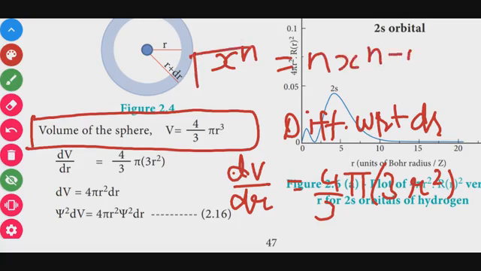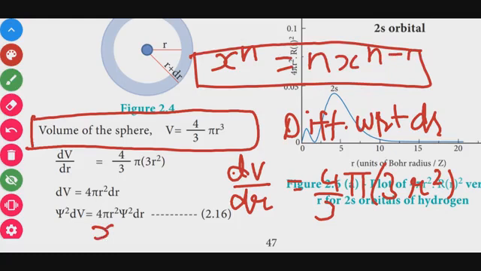This is the differentiation rule. இங்க x என்னது, r எடுத்துக்காங்க.